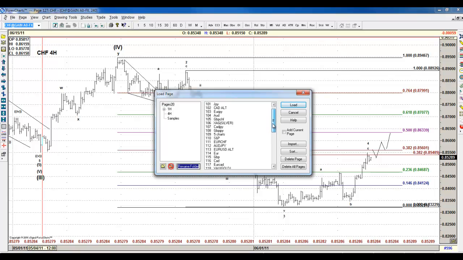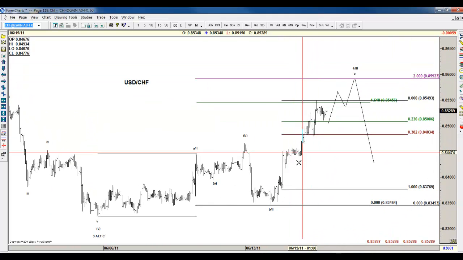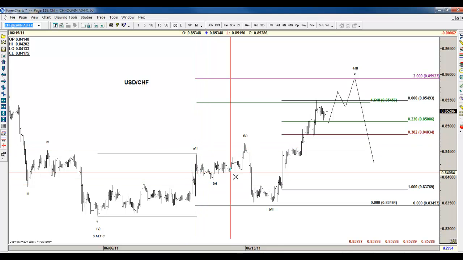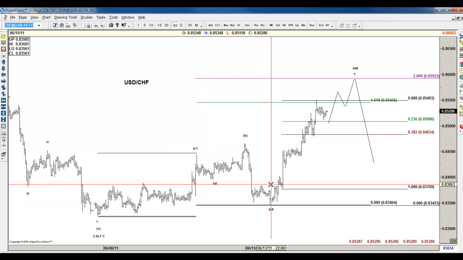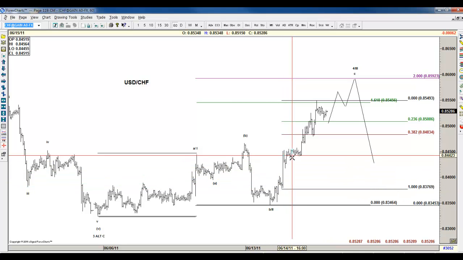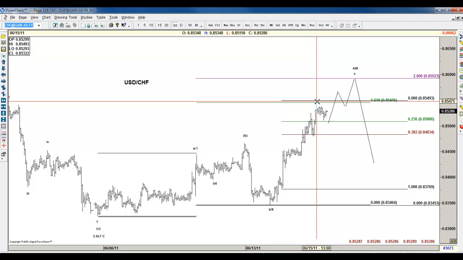Let me show you what I see. I see, like I say, you guys know the flat A or B, and then I see 1, 2, 1, 2. Everything here is a wave 3 until you get to this point.